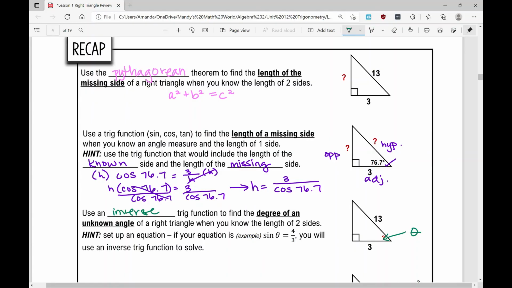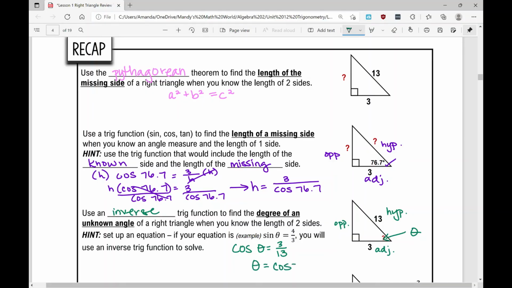So I could say that the cosine of theta is, remember cosine, this would be adjacent to this angle, and this would be the hypotenuse. This would be the opposite. And so the cosine of theta is going to be the adjacent over the hypotenuse, so 3/13. And in this case, you're going to use an inverse trig function.